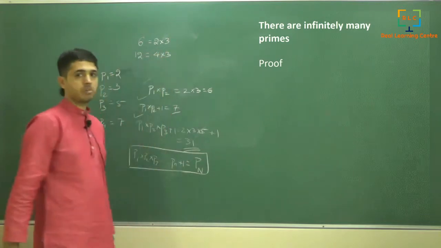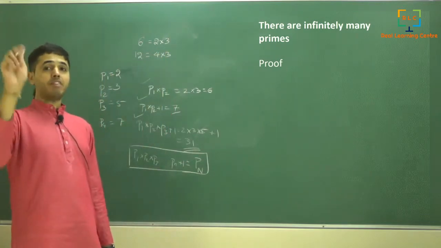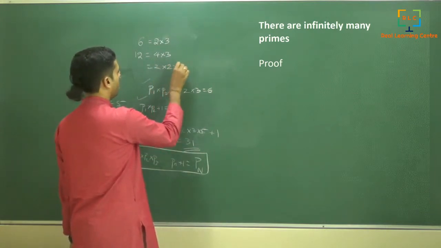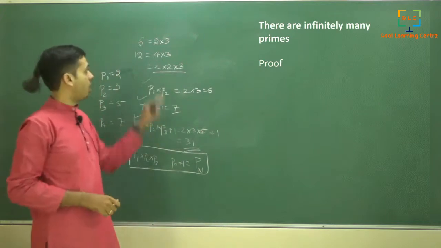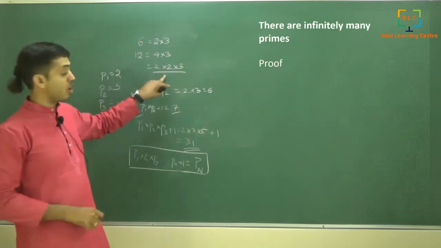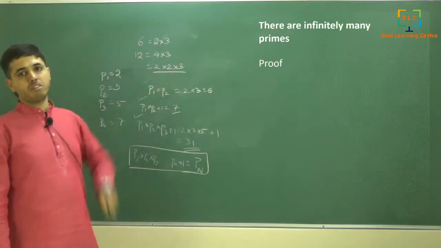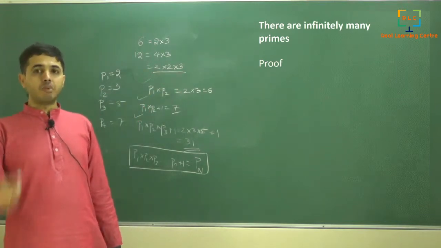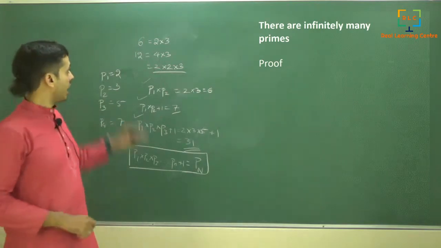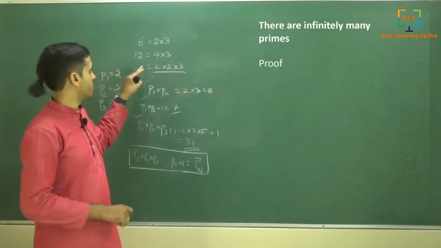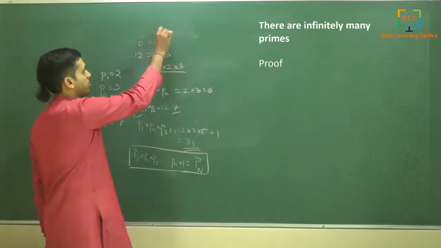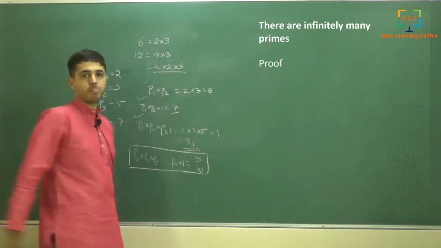Now 4 is a composite number, but if you further break 4 as 2 into 2, you get all 3 as prime numbers. So in this way 12 could also be written as product of prime numbers. Similarly, the fundamental theorem of arithmetic, what Euclid has stated, says that any composite number can be expressed as product of prime numbers. These are all prime numbers.